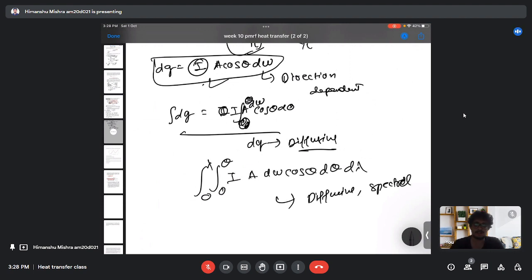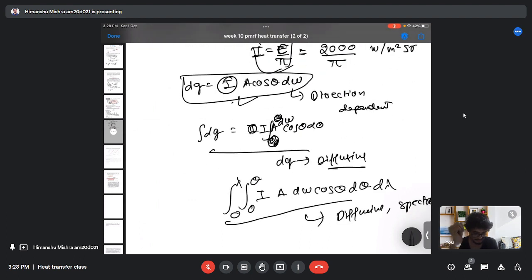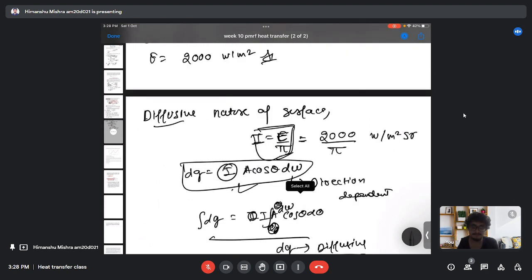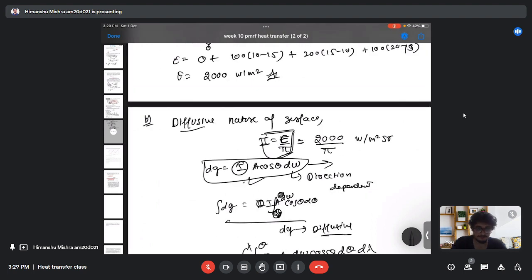We have considered all components of all wavelengths of the radiation, and it is also directionally independent. It is diffusive. So by solving this, we will get this relation, which is a relation of intensity or the emissive power, which is diffusive in nature. And if it is directionally dependent, then we can use this relation to find the heat transfer. So let's move to a different question.